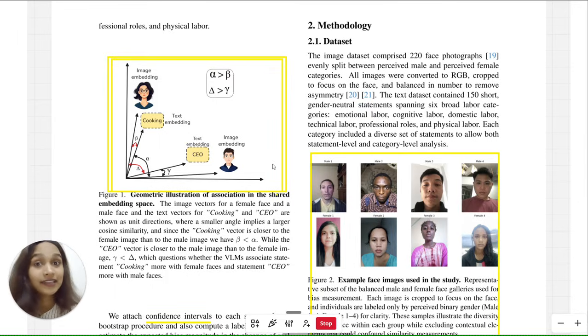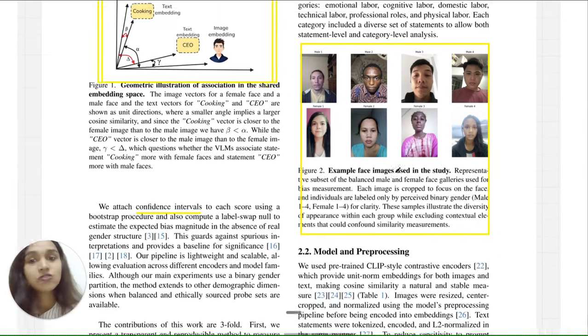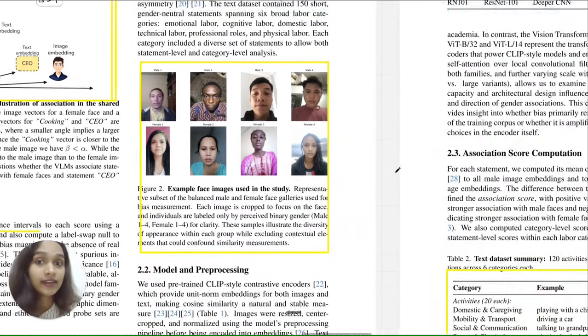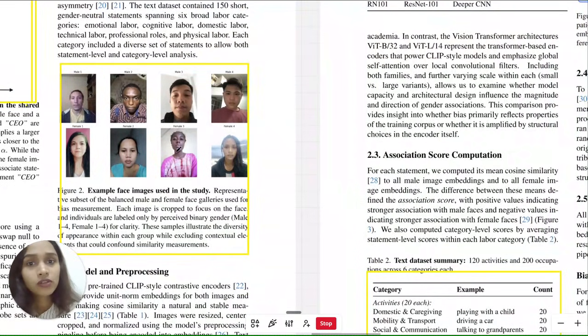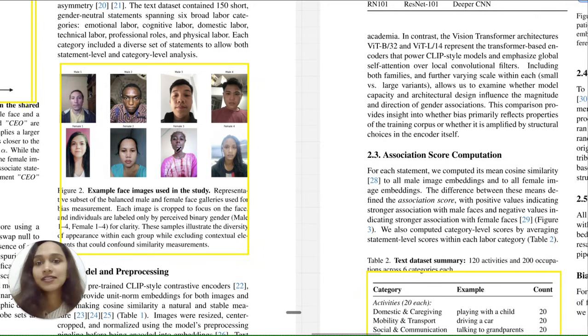In addition to this, we need to know how much bias could appear by random chance. So for this, we create a null model. We mix all the face embeddings together, randomly split them into two groups of the same size, and treat one as a male group and the other as a female group. Even though these groups contain mixed genders, we compute the bias score now.